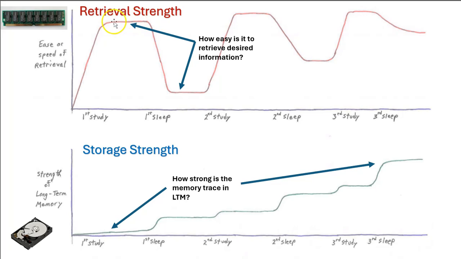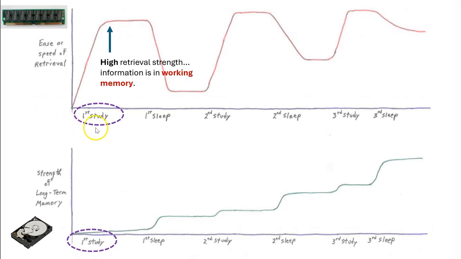So sometimes when the line is high up here, it means we have high retrieval strength. At other times we might have low retrieval strength. And likewise down here, for storage strength, if the line is low on the y-axis, then that's low storage strength, whereas over here, apparently we have high storage strength. All right, now let's begin the process.